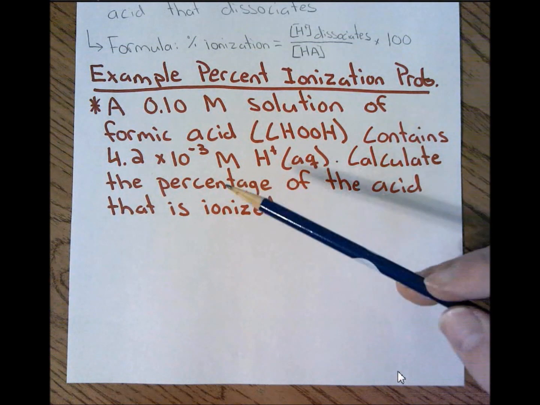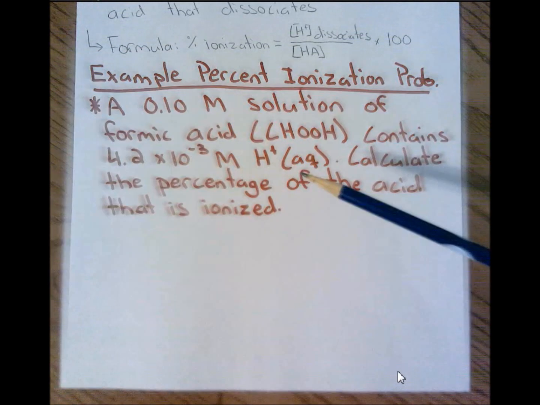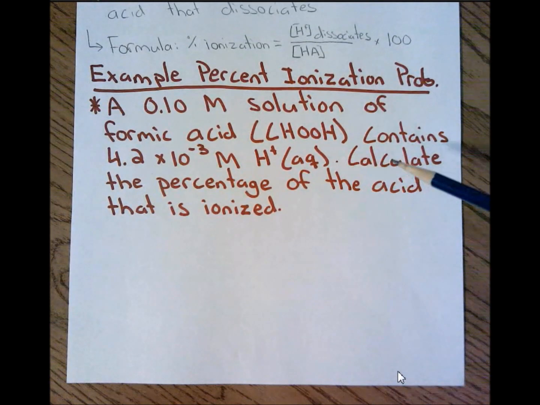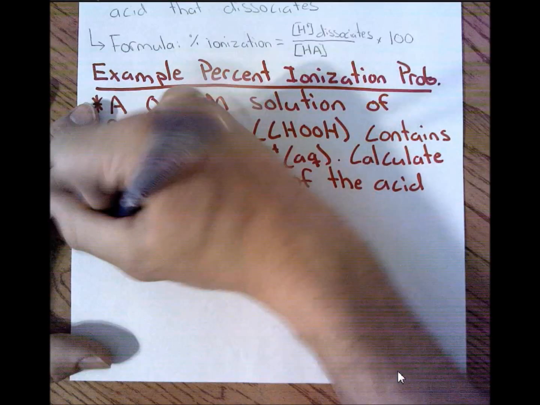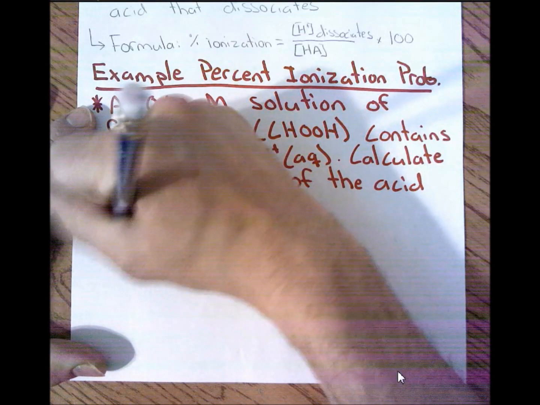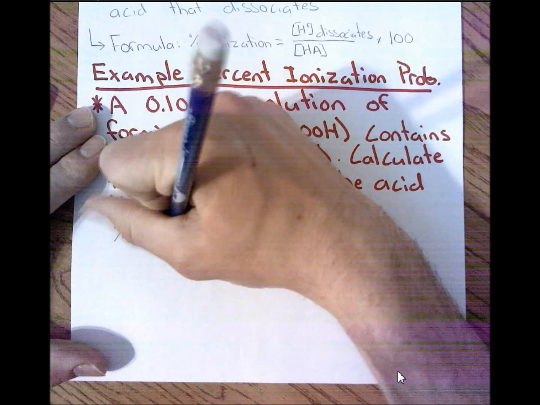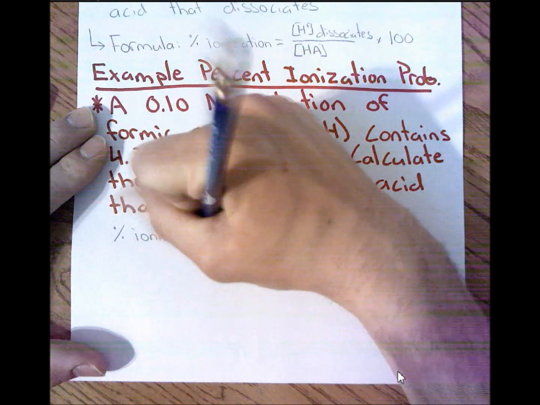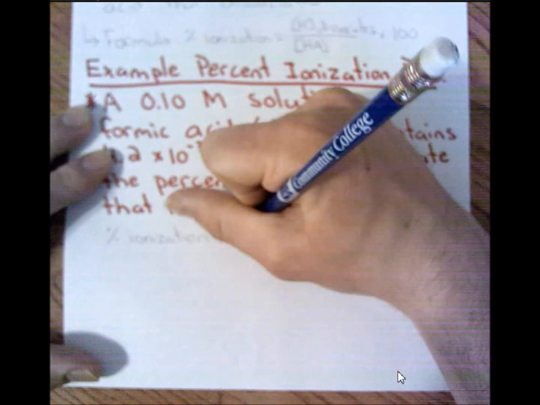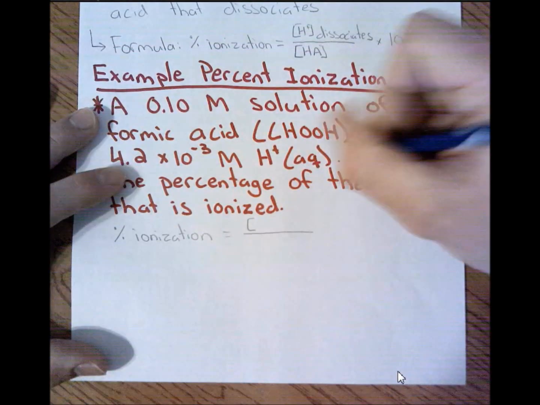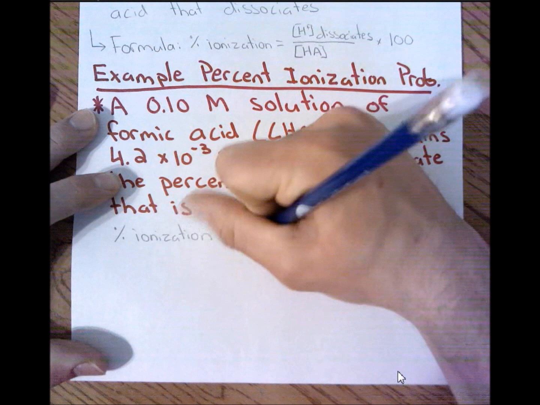So all we need to do in our formula, I'm going to write this out, percent ionization is equal to our H plus that dissociates, all divided by our original concentration of our acid. And then don't forget to multiply by 100 because we are dealing with percent.